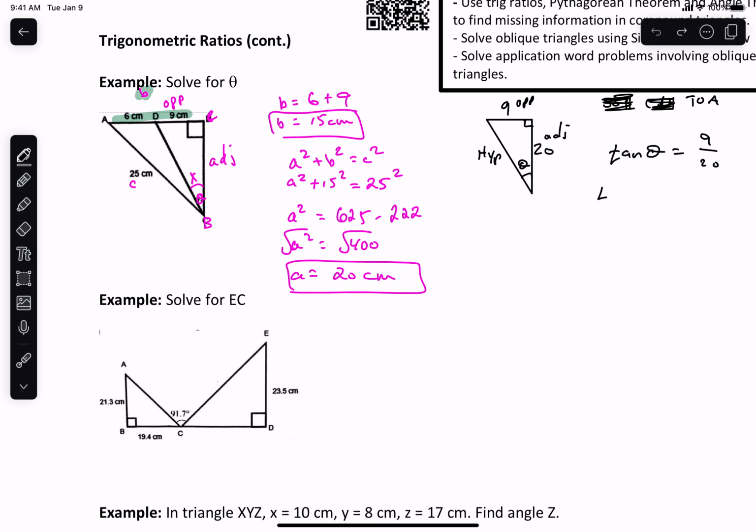So theta, the answer to this question should be the tan inverse of 9 by 20, which, if I'm not mistaken, should be 24 degrees. Everybody okay?